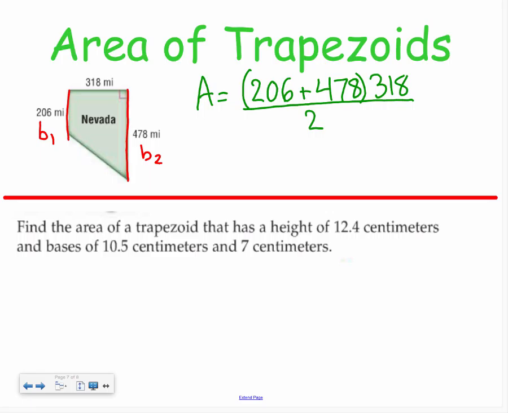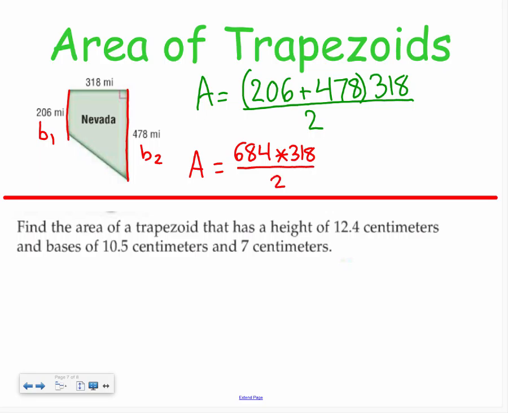Again, you can show these middle steps, but you do not have to. You have to have the initial formula and the final answer. So the first thing you would do is add up 206 and 478, giving you 684 times 318 divided by 2.